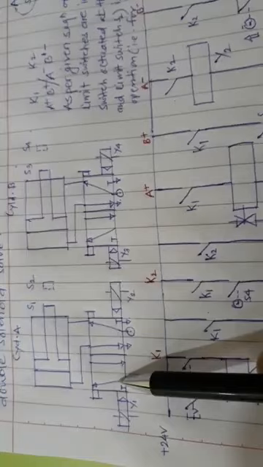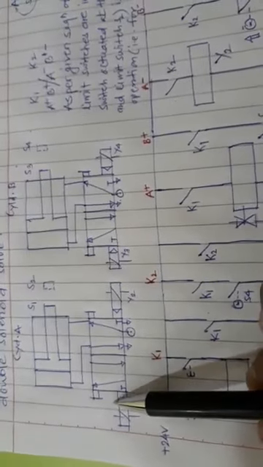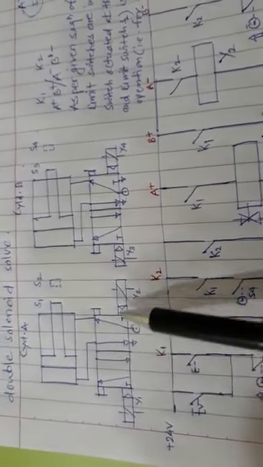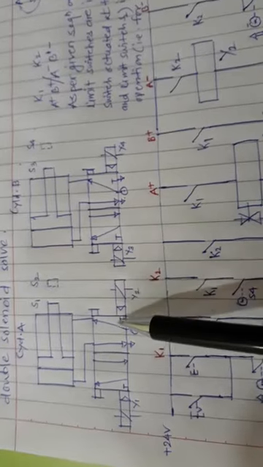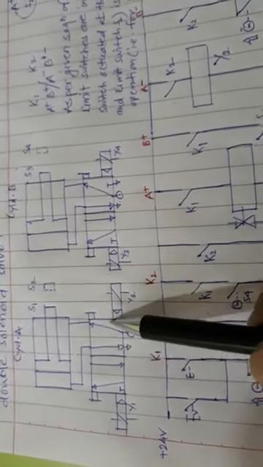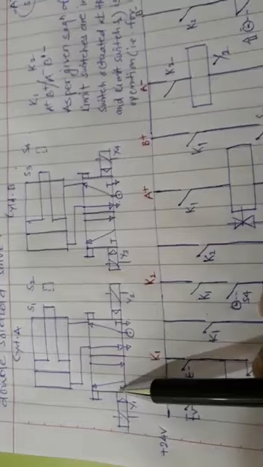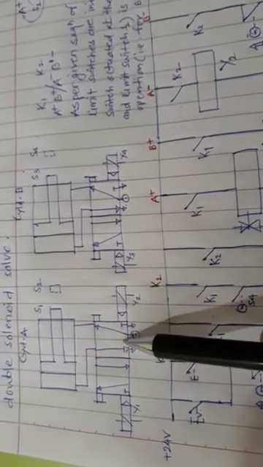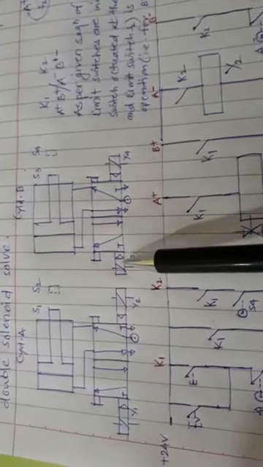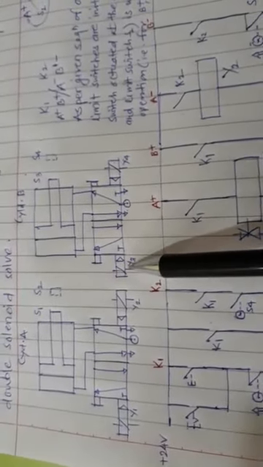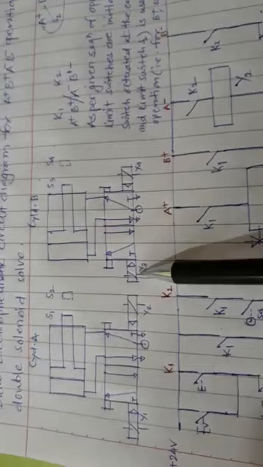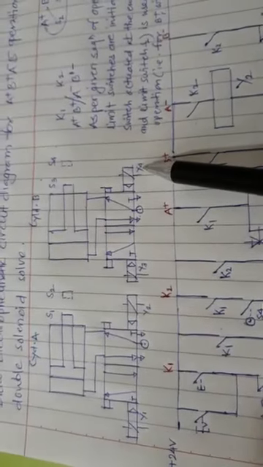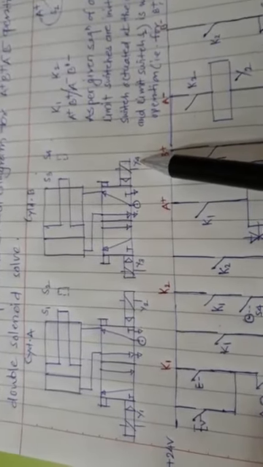So by default we can say this Y1 is responsible for A plus operation, and Y2 is also responsible to shift this position from right to left hand side. So Y2 is responsible for A minus operation. Same we can say here, Y3 is responsible for B plus operation, and Y4 is responsible for B minus operation.